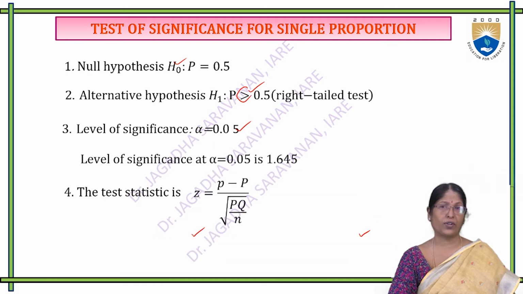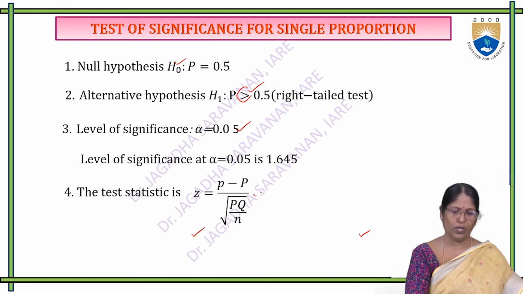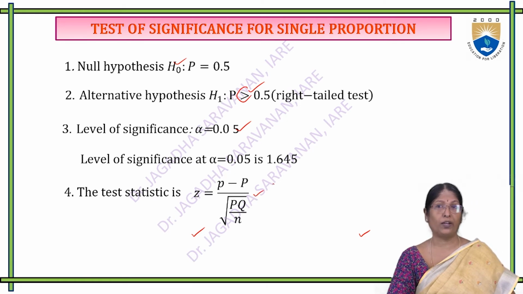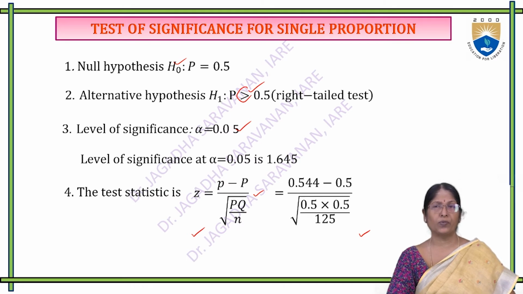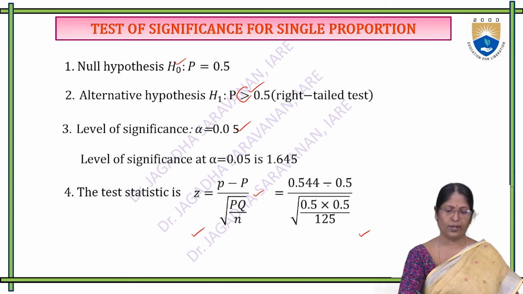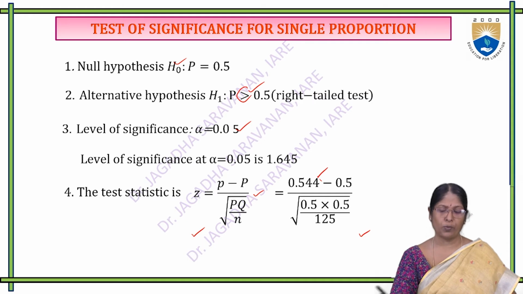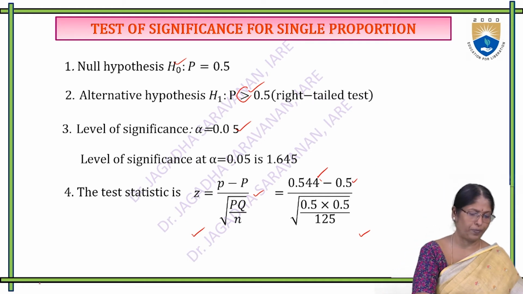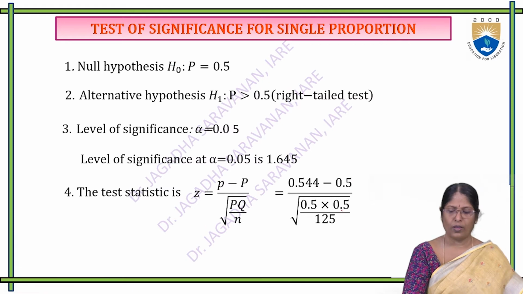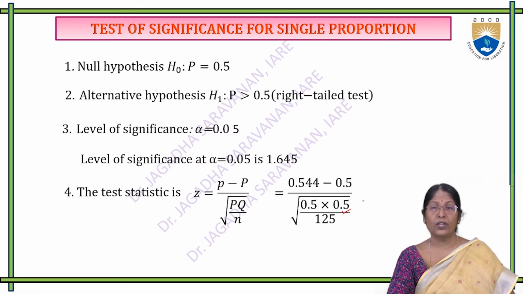So the test statistic is z equals small p minus capital P divided by square root of pq by n. In the respective places we substituted the values: sample proportion as 0.544, population proportion 0.5, and the denominator square root of pq by n, with p and q taking the values 0.5 and 0.5, and n being 125.